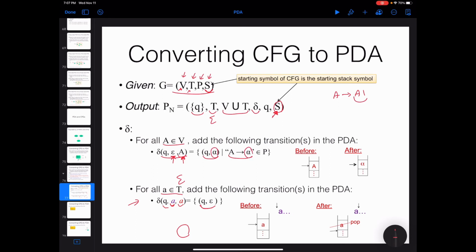It doesn't matter how many tokens you have, you push all of them to the stack from right to left.